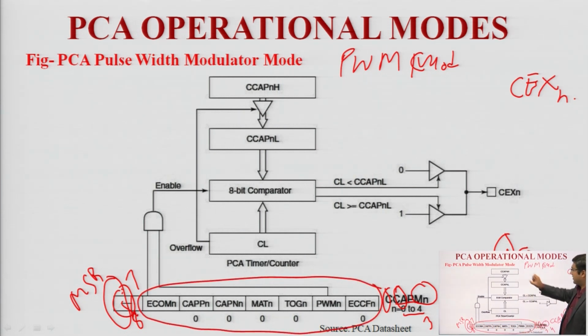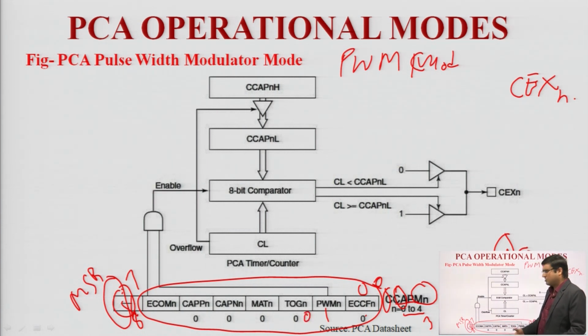And we are working in the PWM mode, so PWM should be set, that is, it should have a value 1. And ECCFn should be 0. Why should it be 0? Because we are not enabling the interrupt, it should be reset, it should have value 0. And toggle, we are not toggling the values, we are only working in the PWM mode, so this should also be 0.